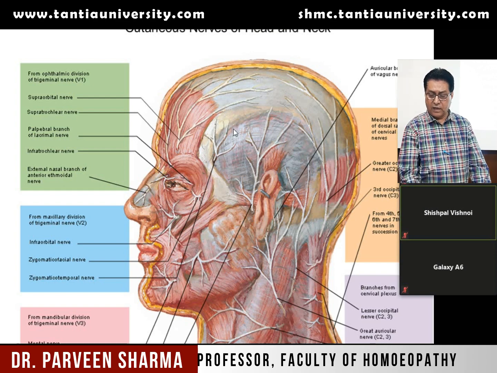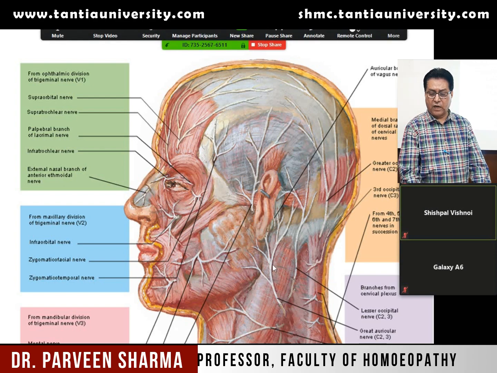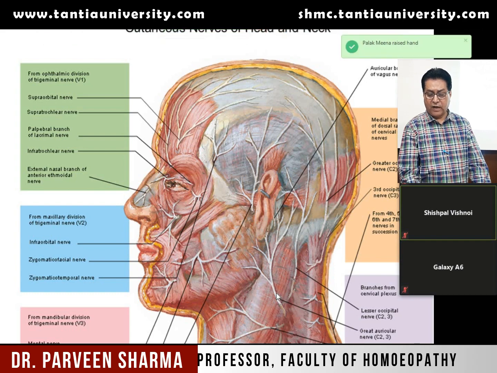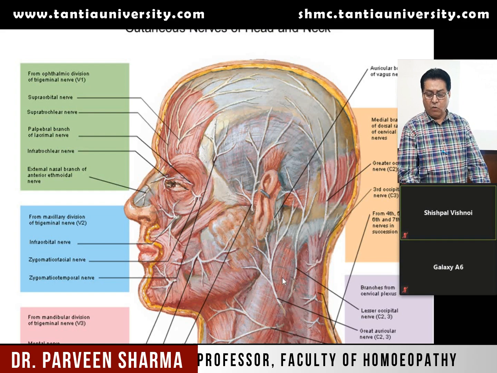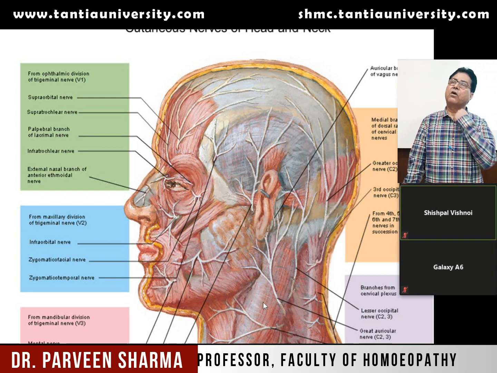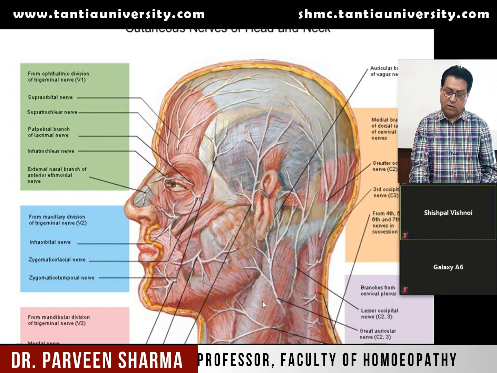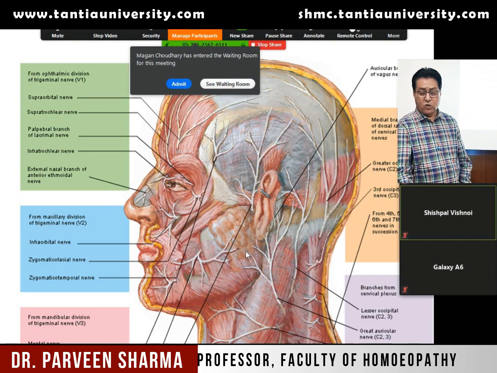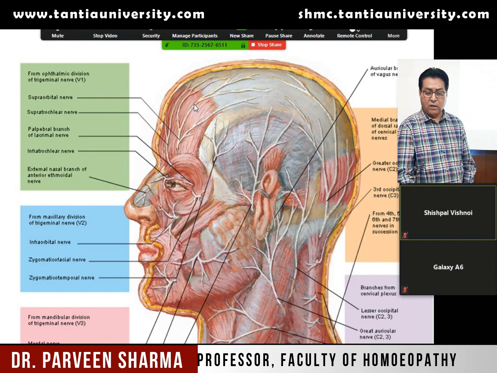And behind the ear, in dissection, I will show you, you can identify. You have the lesser occipital nerve, the great auricular nerve, the greater occipital nerve, and the third occipital nerve. So how to identify these nerves? You can make out the sternocleidomastoid muscle. Here you have the sternocleidomastoid, with this arrow on it. The nerve which crosses over the sternocleidomastoid obliquely is the great auricular nerve.